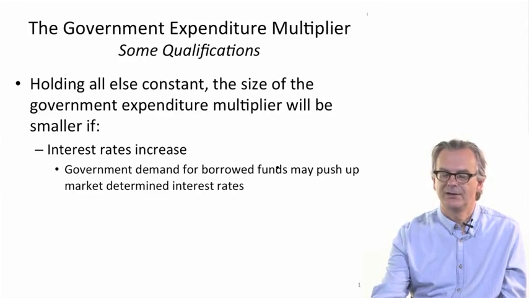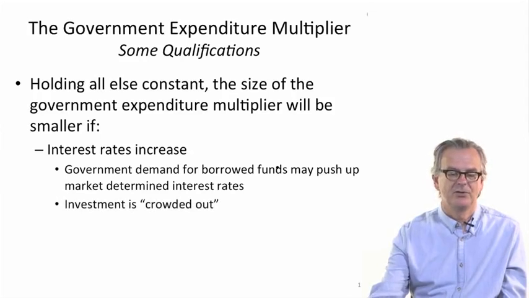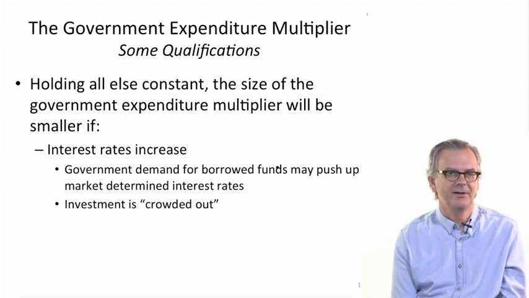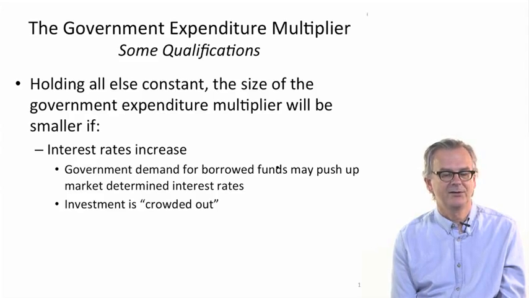Why might that affect the size of the multiplier? Interest rates are one of those exogenous factors that influence planned investment expenditure. We've talked about this briefly before. The availability and the cost of financing influences planned investment. If increased government borrowing, being used to finance increased government expenditure, leads to higher interest rates, then investment might be, and this is the term that's often used in this debate, crowded out.